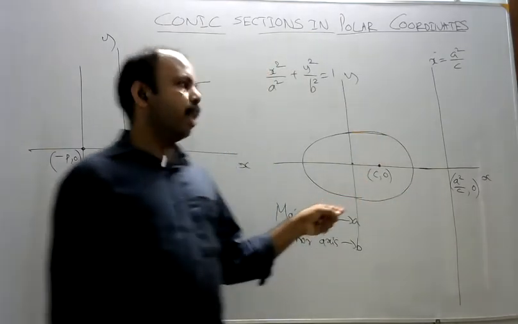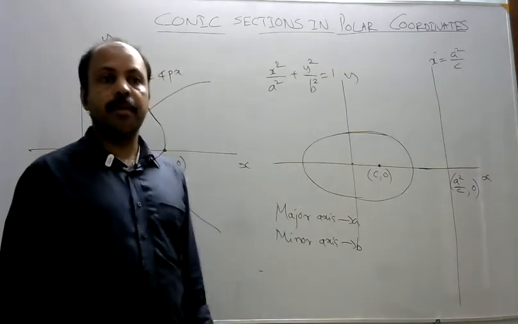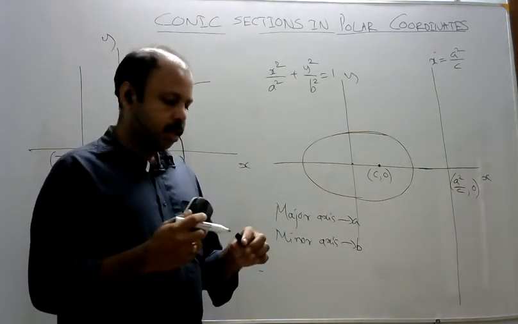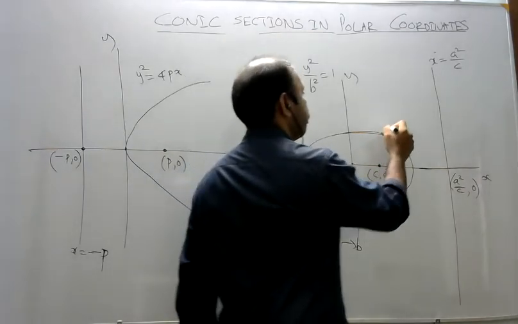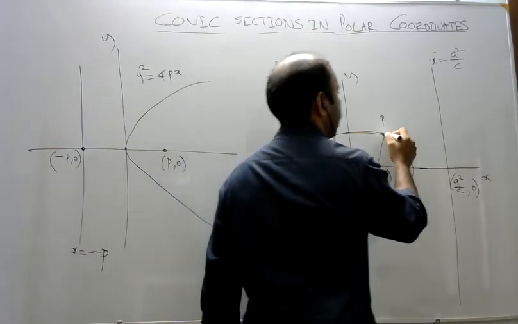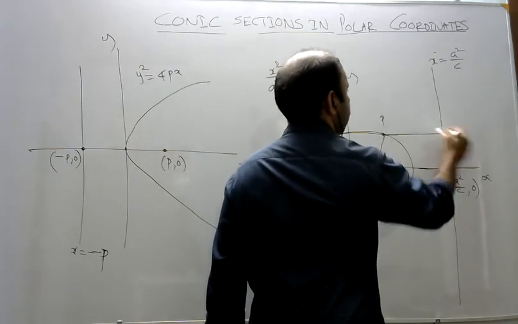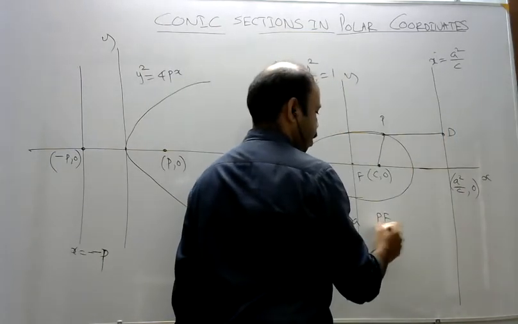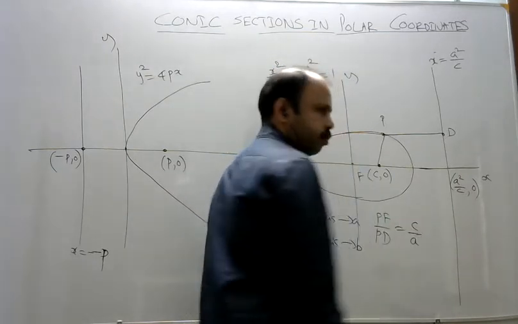Now look at the case of the ellipse. When we derived the equation of the ellipse in the previous classes of this semester, we took this point P, with F and D as shown. Then we got PF by PD as c by a.